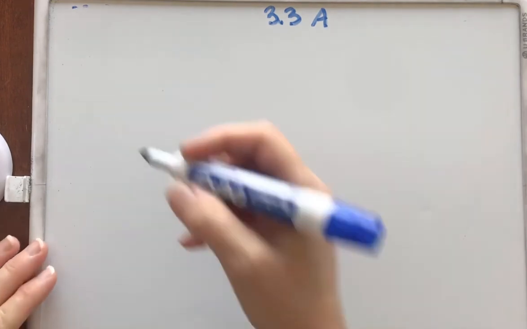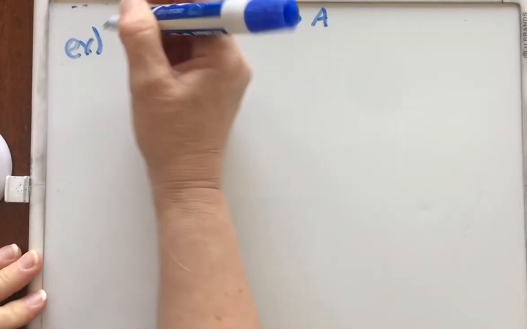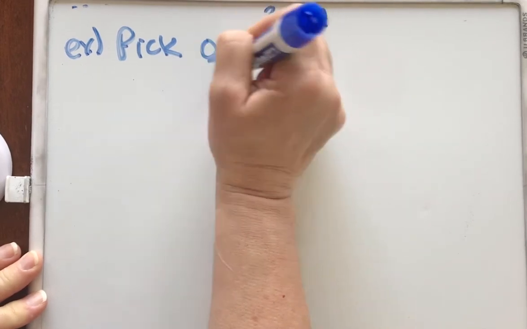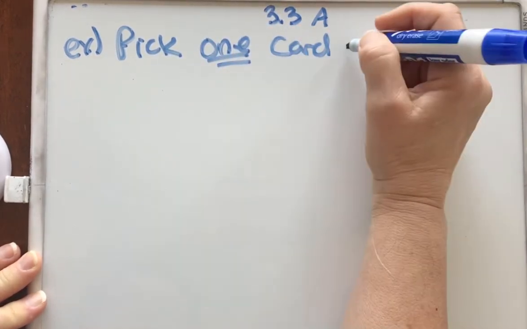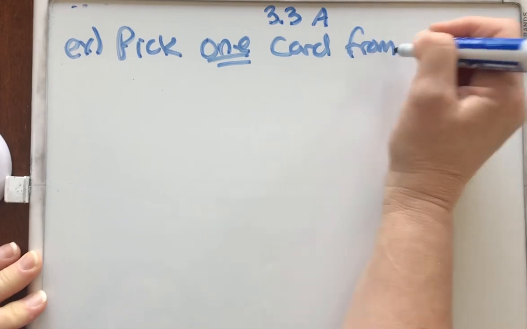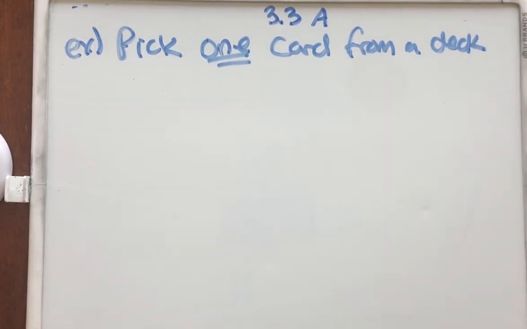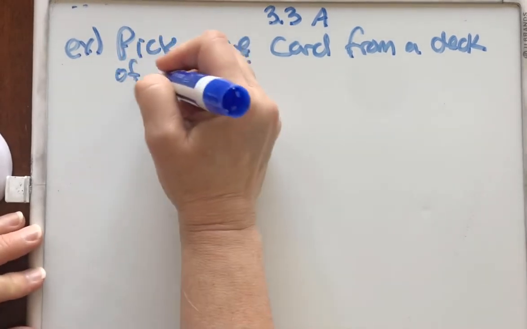Okay, so first example. We're going to pick one card, just one, from a deck of cards.